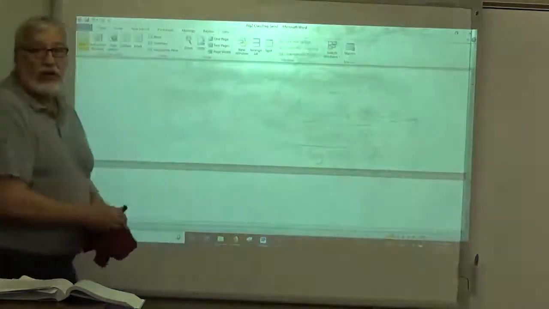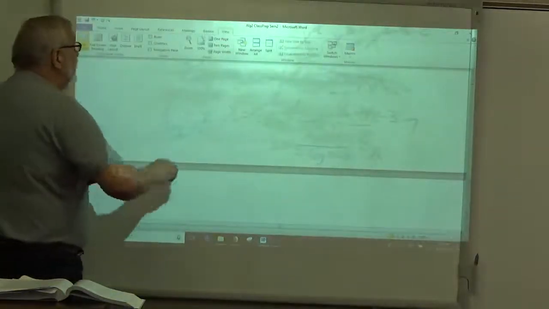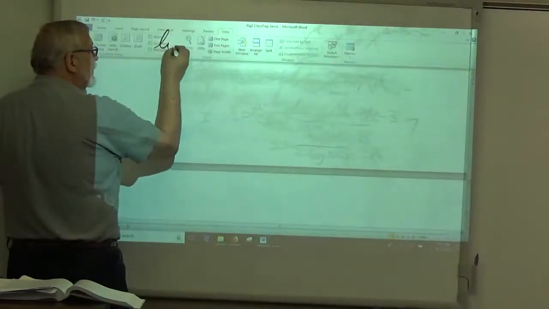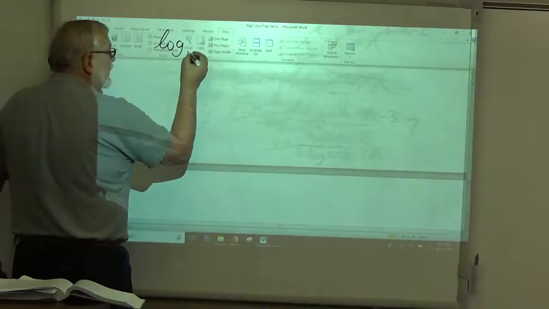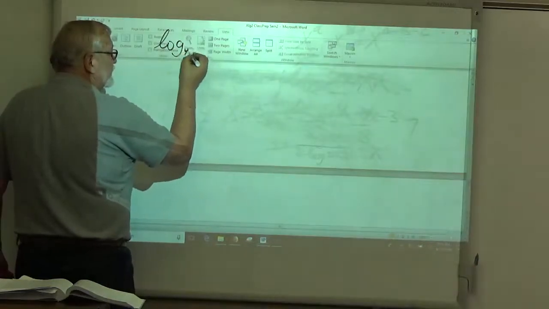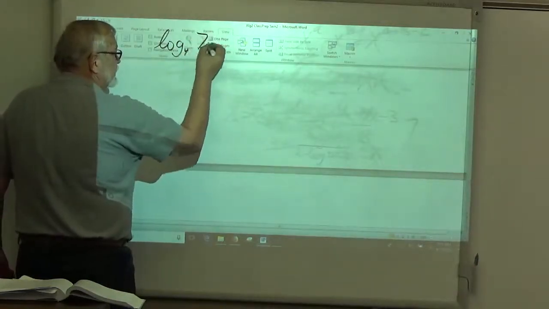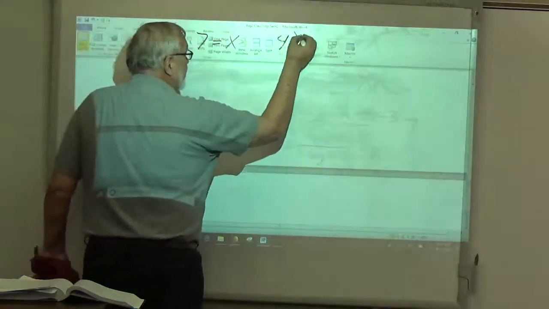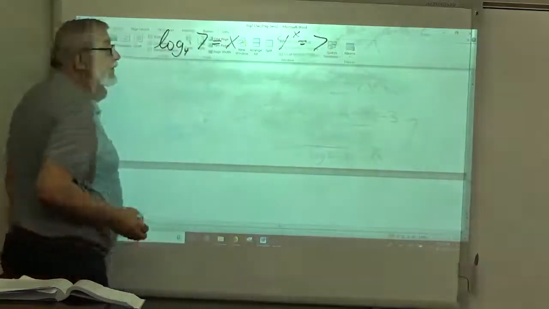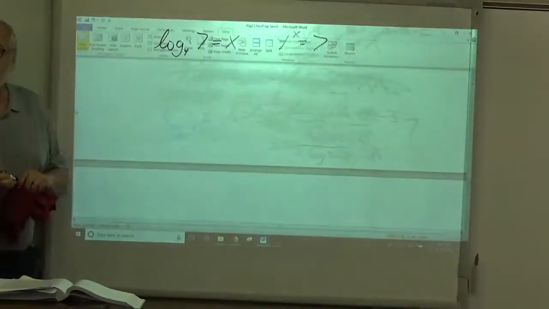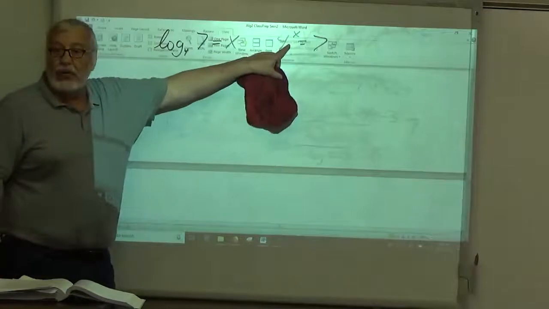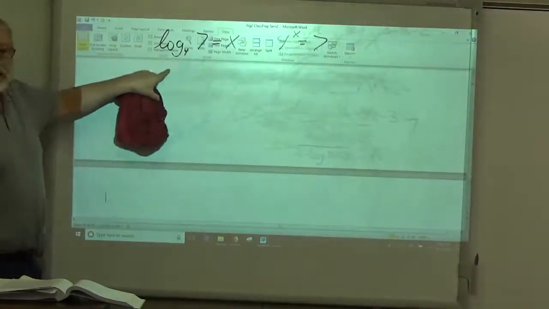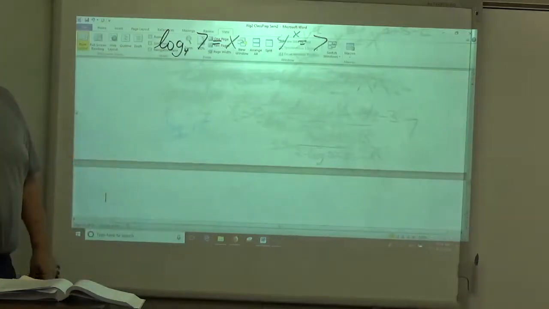So, whenever you have the x, the variable in the exponent, you have to change it to a log and then do the base conversion. Okay?